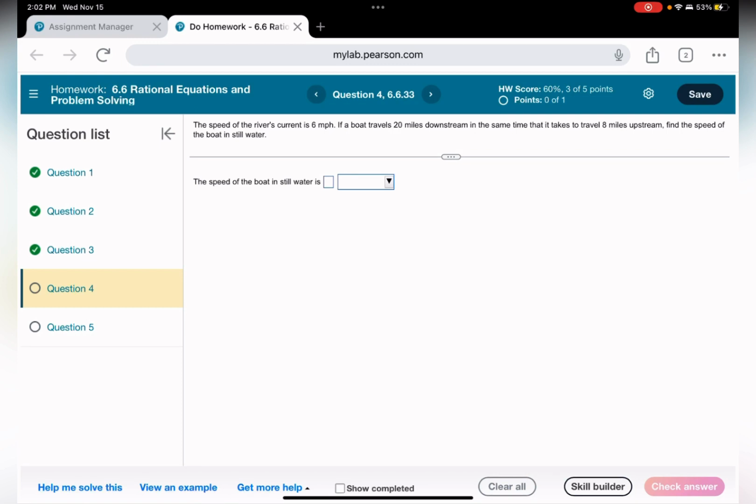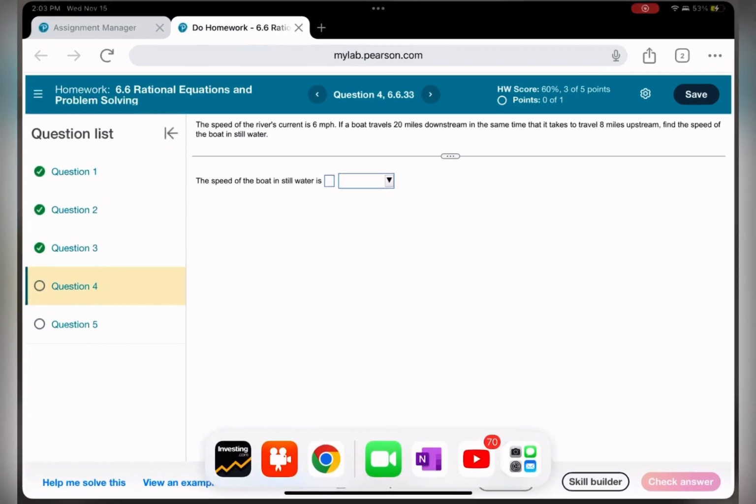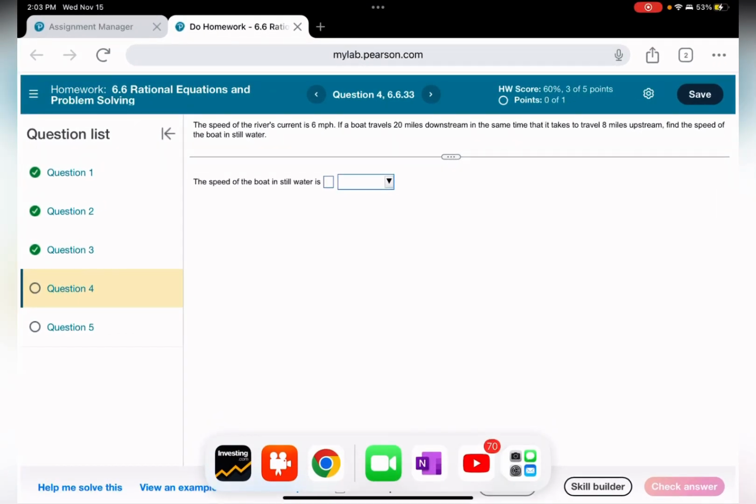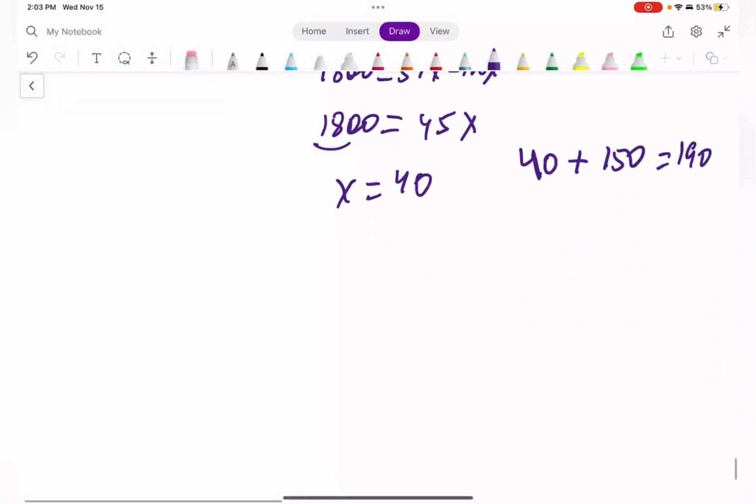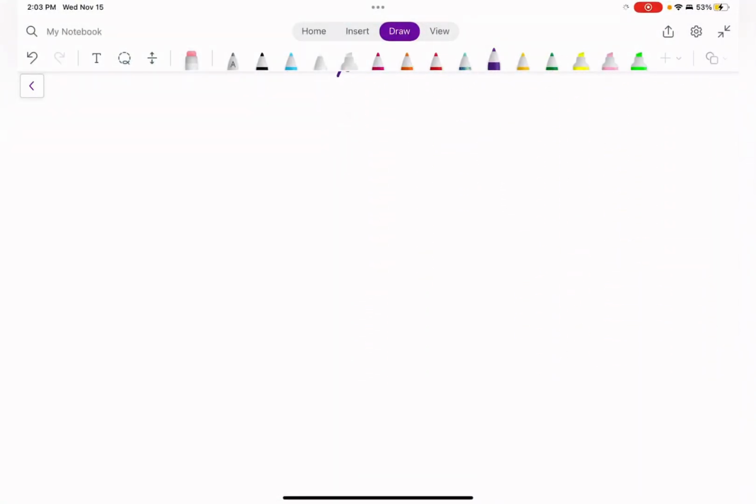Solving the next one: the speed of the river's current is 6 miles per hour.